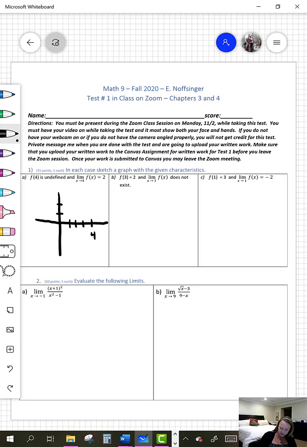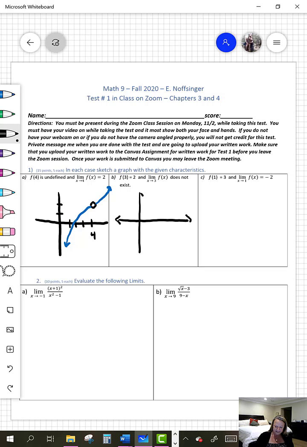The limit is approaching 2, but f of 4 doesn't exist. So let's put an open circle at (4, 2). And since the limit exists and it's approaching 2, as x is approaching 4, your y value has to be getting closer and closer to 2, but not existing. So there's multiple ways that you could have gotten this graph, and that's just one example.